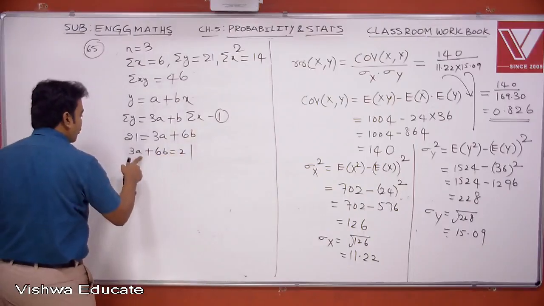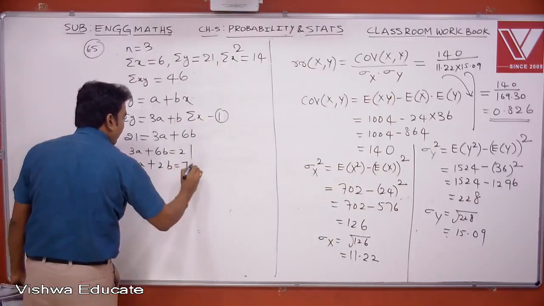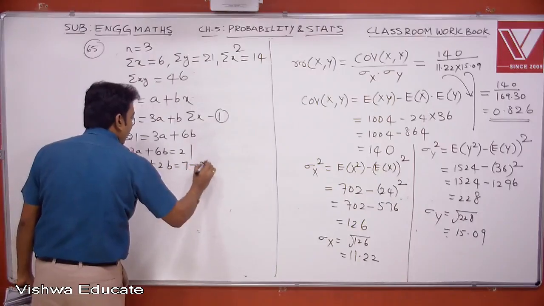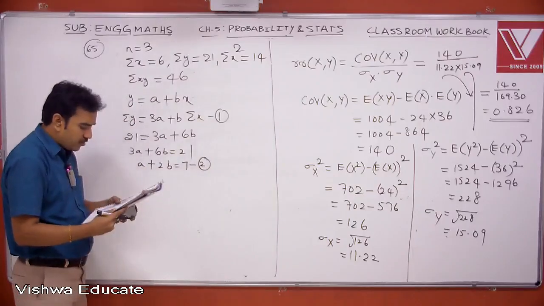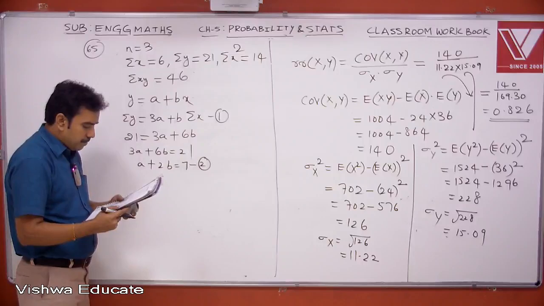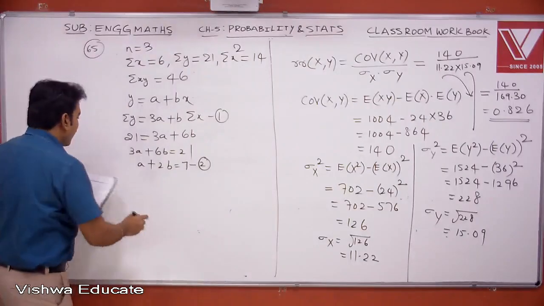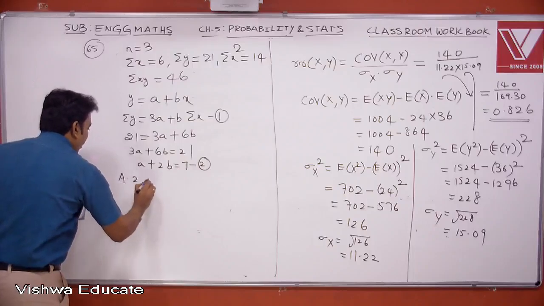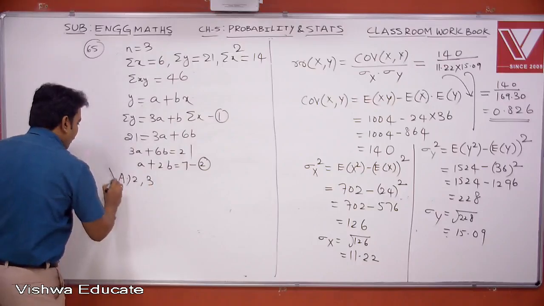You can cancel out 3. So a plus 2b equal to 7. You can call this, for example, equation 2. You can easily verify a plus 2b equal to 7. In the first option, the a values are 2 and 3. So a plus 2b, you won't get 7. So it's a wrong option.